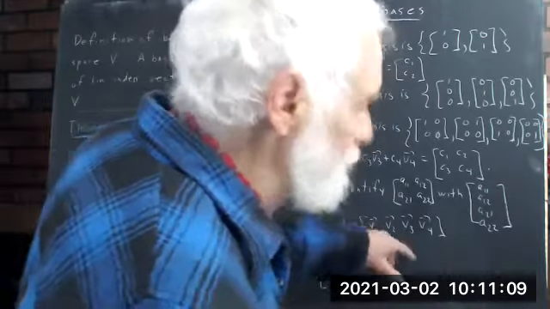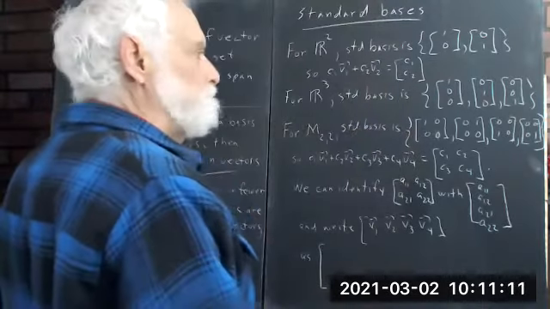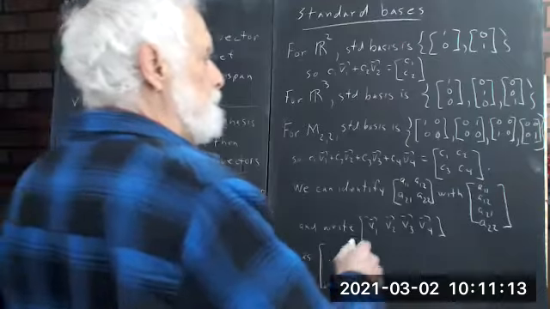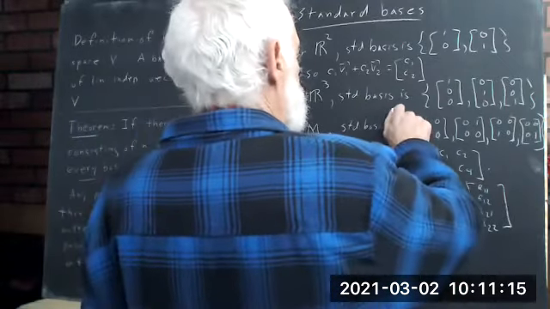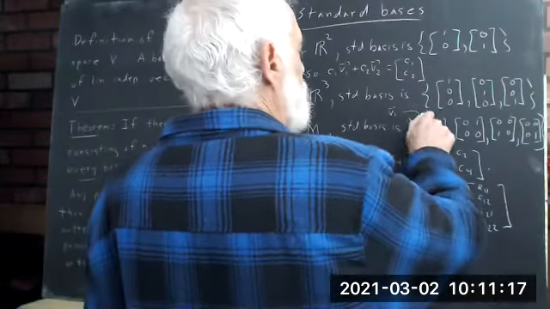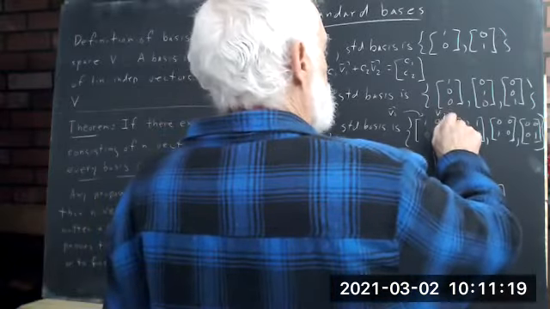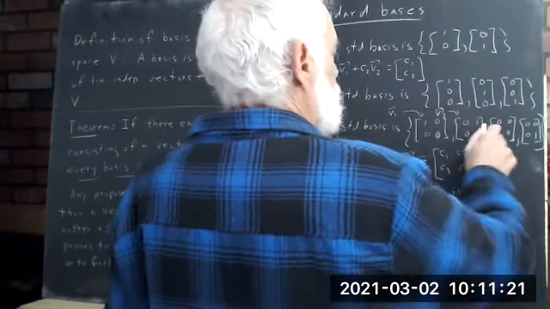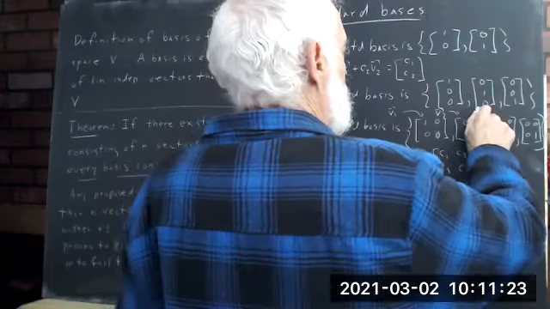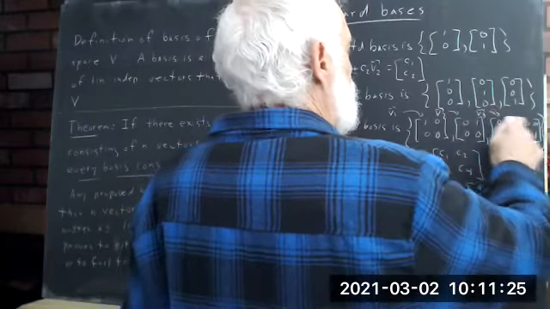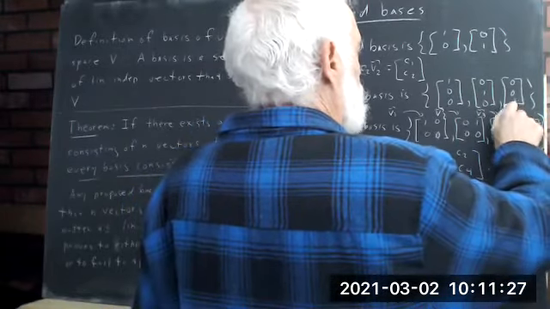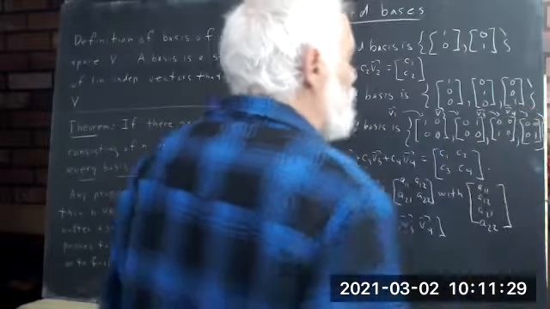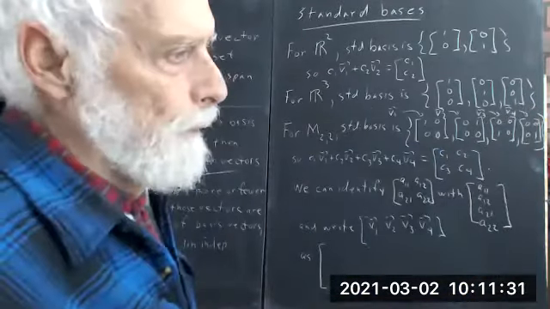Where this is V1, this is V2, this is V3, and over here we can barely read it at all. That's V4.